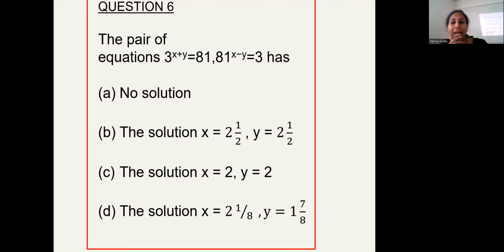Some of you who have been practicing past sample papers will recognize this question. This is a past sample paper question.